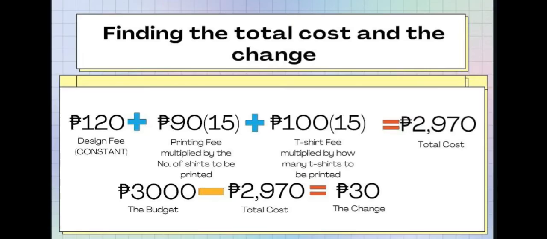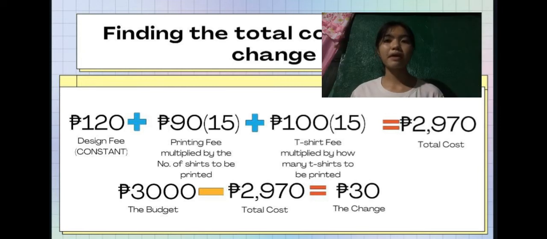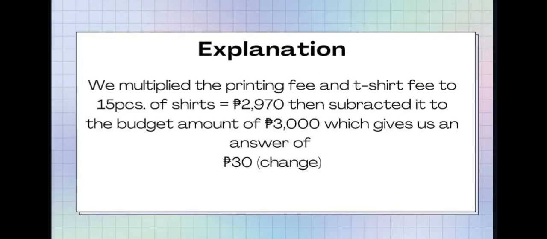Let us check whether the customer's money is just the right amount or if they have any change. Finding the total cost and the change. Again, 120 pesos is the design fee, 90 pesos is the printing fee, 15 is the number of shirts to be printed, 100 is the t-shirt fee, 15 is the number of shirts to be printed.